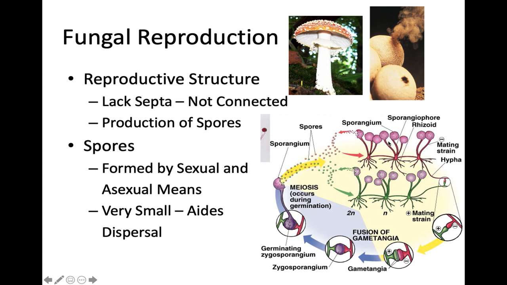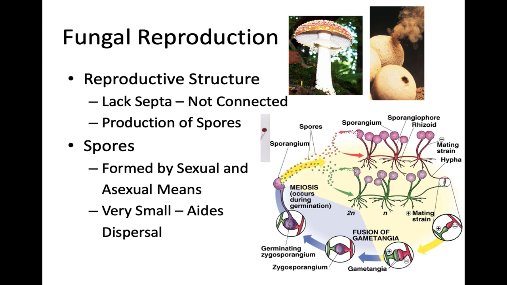The reproductive tissues of fungi will lack the holes, or the septa, which join the other regions of the fungi into one piece. What this means is that they are not directly connected to the cytoplasm of the rest of the cells, and this means the cells can become detached to spread the fungus around.